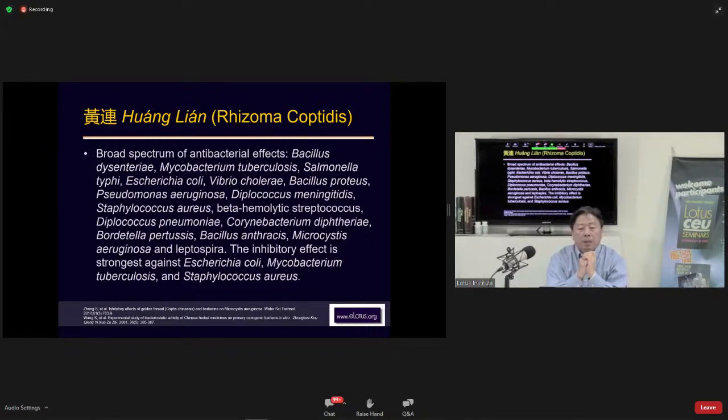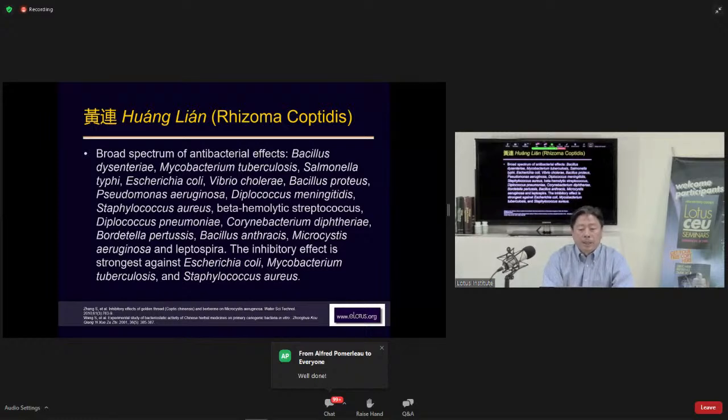The more wide-spectrum an herb is, the more applications it has. It's able to treat many different types of infection that affect many different parts of the body. That's why huanglian is one of the most commonly used herbs in Chinese herbal medicine.